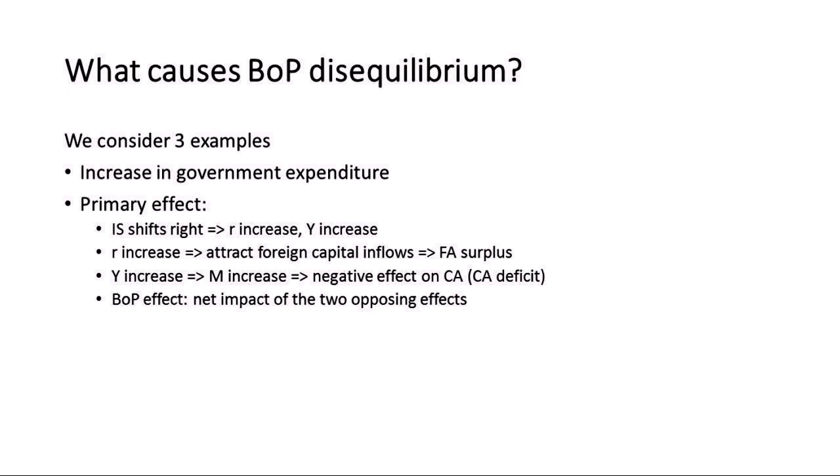But then you need to keep in mind that incomes also increased, which means that imports will increase, and that will have a negative effect on the current account. So the net impact that an increase in government spending has on the balance of payments depends on which of the two effects are bigger, the increase in capital flows or the increase in imports.